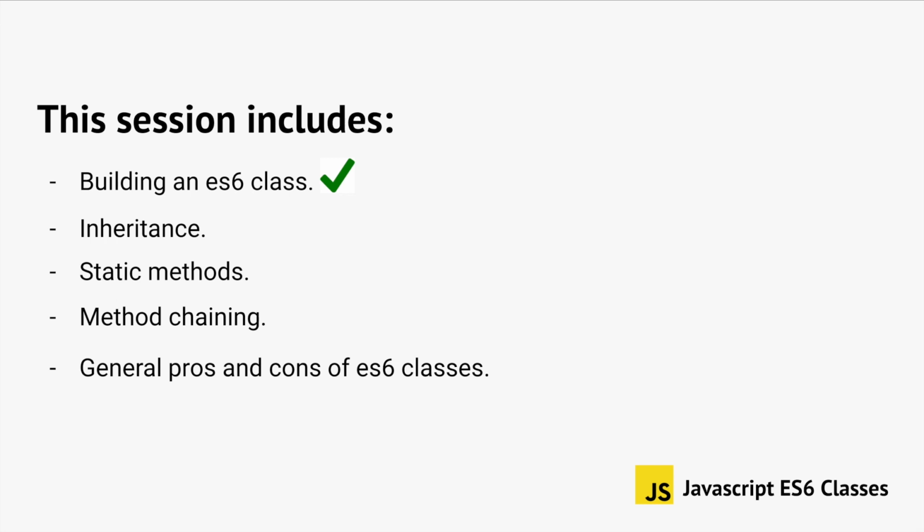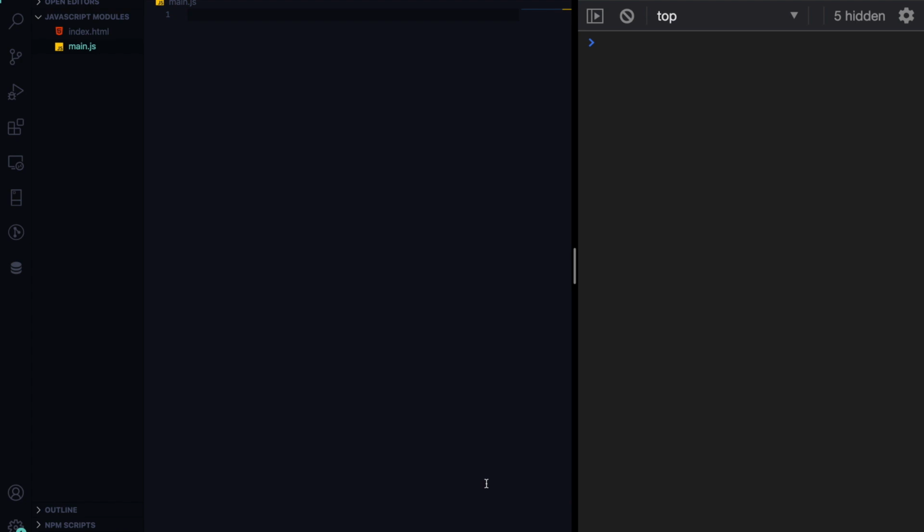So, building an ES6 class. How do we build an ES6 class? To build an ES6 class, we just make use of what we call the class keyword.